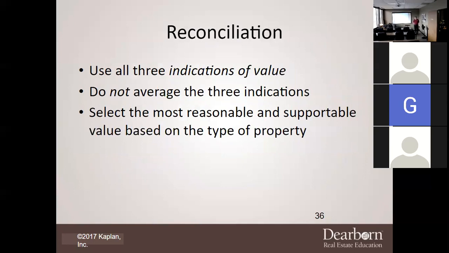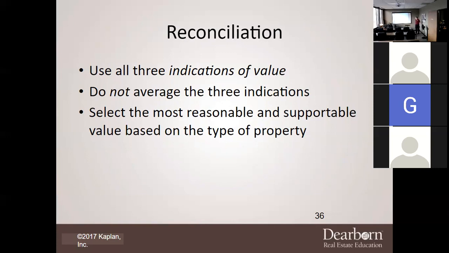Now what's reconciliation? So we talked about the three methods in regards to appraising properties, but what about the reconciliation? What exactly is reconciliation? Well, it's the same thing as if you're reconciling your books. Okay, you're in accounting, you kind of know what I'm saying. It's where you take all three indications of the value that you came up with.